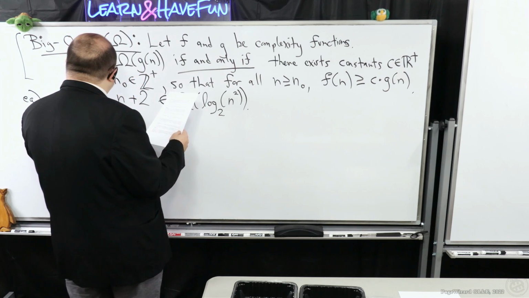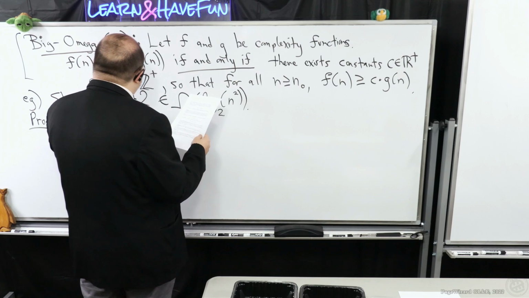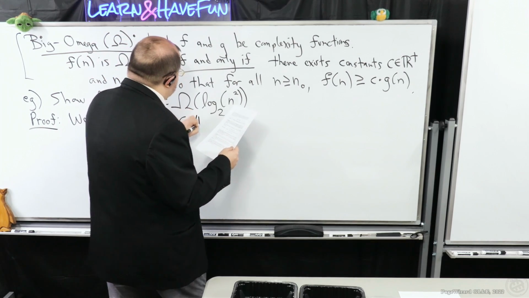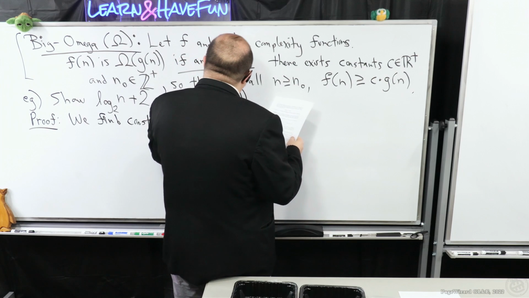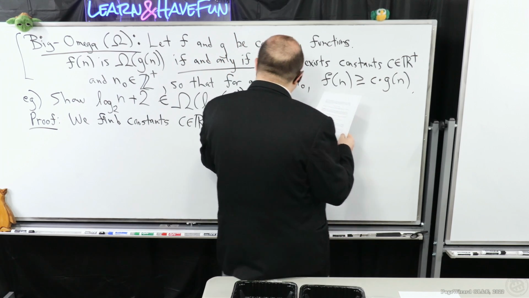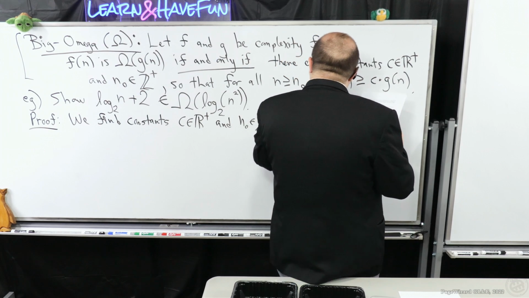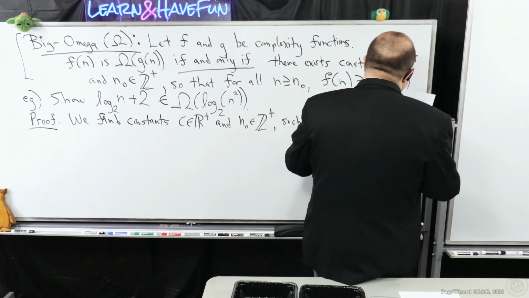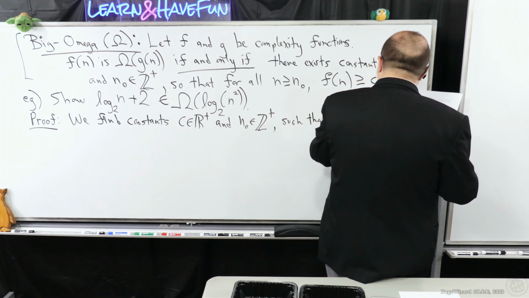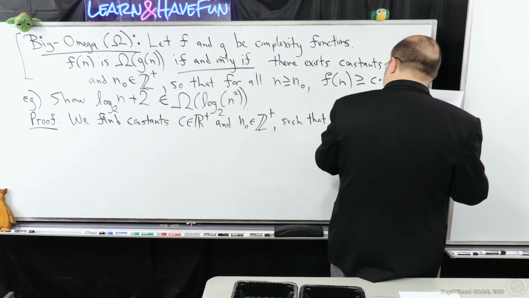So we find constants c, which is a positive real number, and n0, which is going to be a positive integer, such that log base 2 of n plus 2 is less than or equal, no, not less than or equal, right?